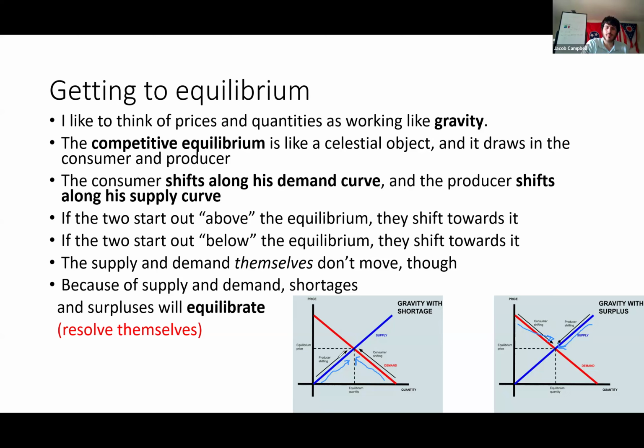But as the market equilibrates, as the consumer and producer move towards equilibrium, the supply and demand curves stay the same because the underlying preferences and capabilities of the two have not changed. That relationship of how much do I want to buy, how much do I want to sell at a given price is not altered. The only thing that changes is which price they're responding to.